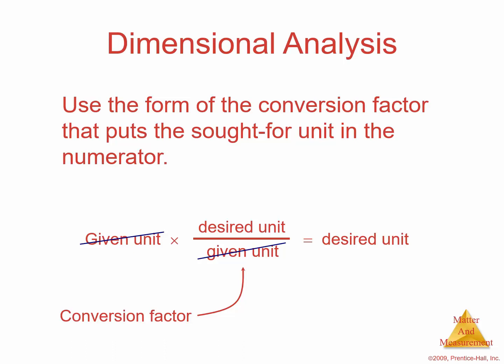So you see here we cancel given unit with given unit, and then we get the desired unit. So if the desired units are not obtained in a calculation, an error must have been made somewhere. So careful inspection of units often reveals the source of error.